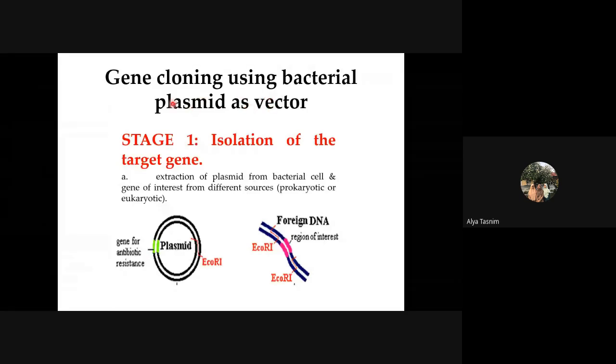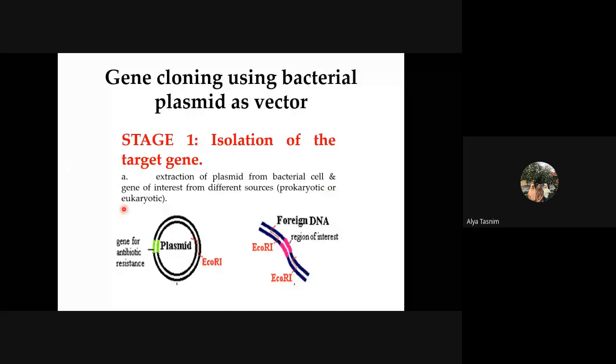Vector is the plasmid, which is vector is actually the DNA that is capable of carrying the gene of interest. Okay, so that is vector. So gene cloning using bacterial plasmid as vector. So the first stage, isolation of target gene. Okay, so extraction of plasmid from bacterial cell and gene of interest from different sources such as prokaryotic or eukaryotic cell.